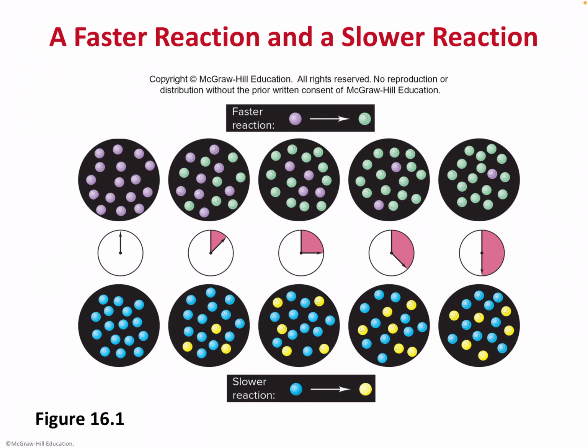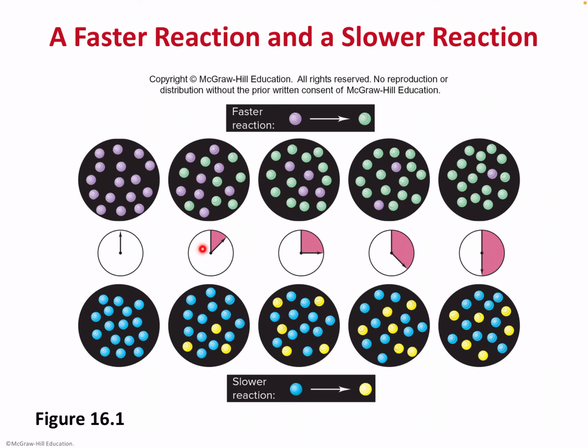Now let's look at this diagram and see how a faster reaction looks and how a slower reaction looks. Now in the first one, you can see there are some purple circles going to green circles. The very first one over here, you have lots of reactants, and this is the time.